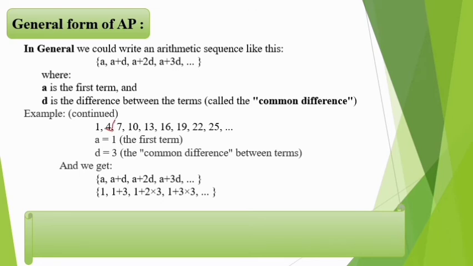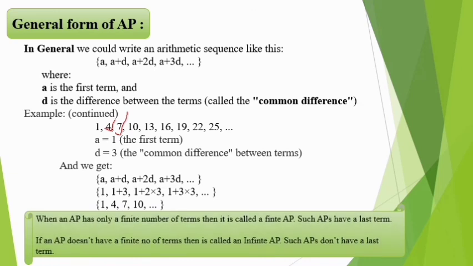And how can we find the third term? A plus 2D means 1 plus 2 into 3, which is 6, plus 1 is 7. We get our third term. In this way we can find the terms of the sequence: 1, 4, 7 and so on.